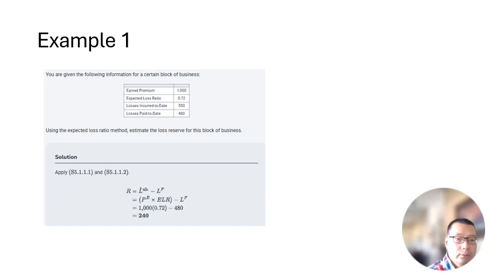So the reserve that we need to set aside is the ultimate loss minus loss paid to date. Ultimate loss can be calculated by multiplying the earned premium times the expected loss ratio. So 1,000 times 0.72 minus the loss paid to date, which is 480. And from here you get the answer, 240.